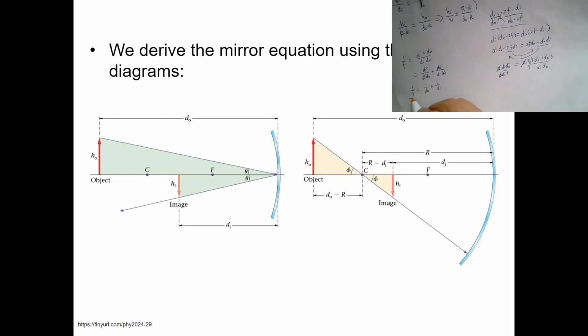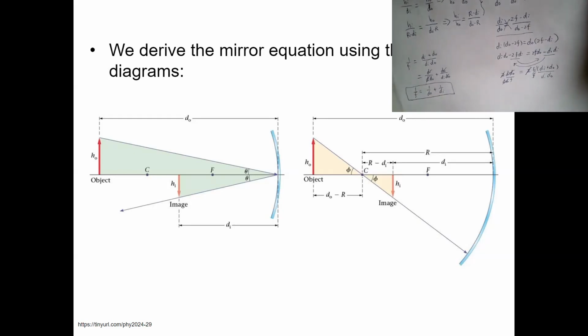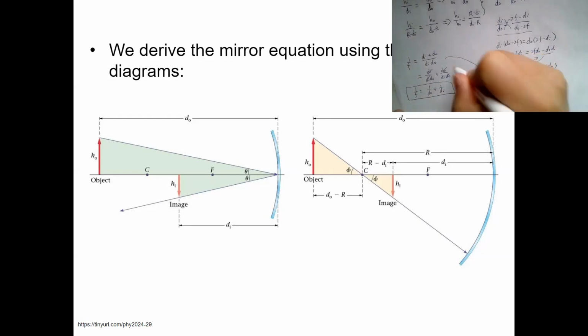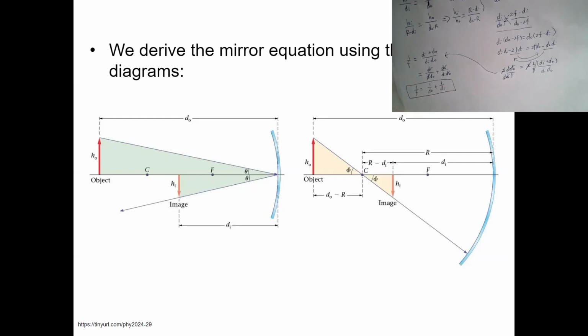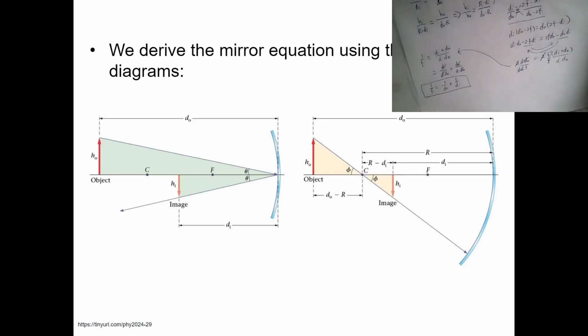Okay, so this is the simplified relationship between the distance of the image to the mirror, the distance of the object to the mirror, and the focal length. With this simplified equation, this is called the mirror equation.